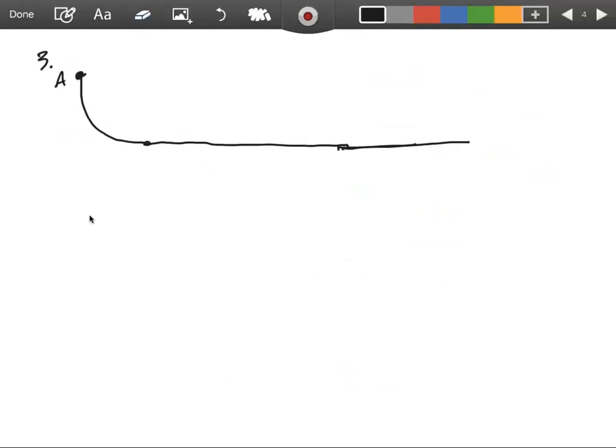So let's get problem number 3 here. This one says we have a quarter pipe, which then becomes a flat surface for a while. Here's my flat surface. This is point A. This is point B, which is at the bottom of the quarter pipe, where my quarter pipe has a radius of r, where r is equal to 2 meters.